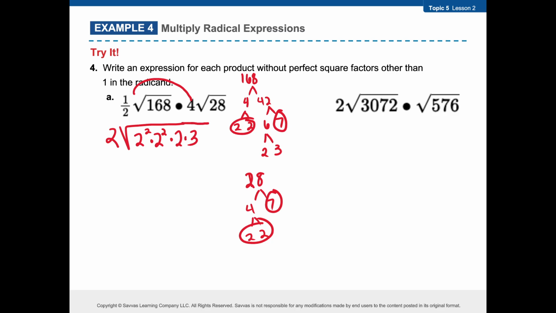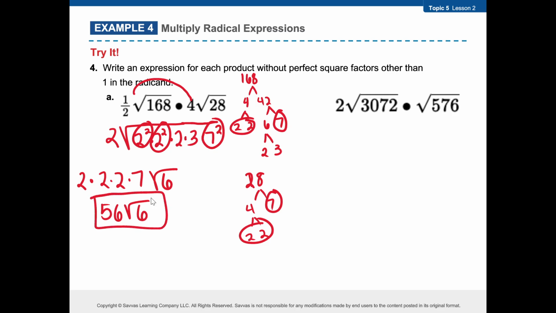I have only 1 2, 1 3, and a pair of 7s. So the 2 that's already on the outside, 2 2s come out, a 7 comes out, and then 2 and 3 stay inside, so that's a 6. 2 times 2 is 4, 4 times 2 is 8, 8 times 7 is 56, radical 6 should be your answer.